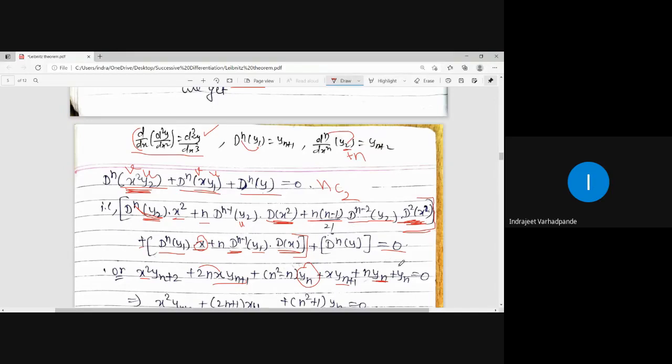And dn of y is yn. Clear? I hope everybody understood how the suffixes are to be added to write this derivative. Yes, sir. Everybody has completed the step. Yes, sir.